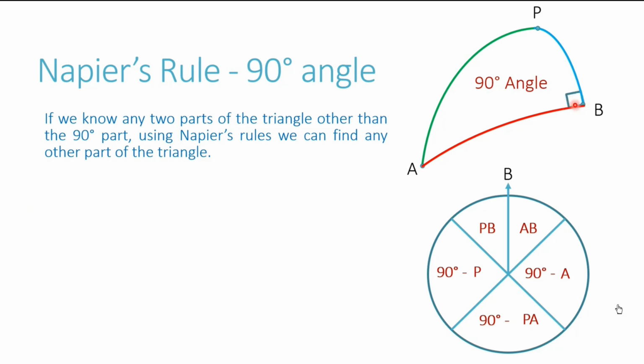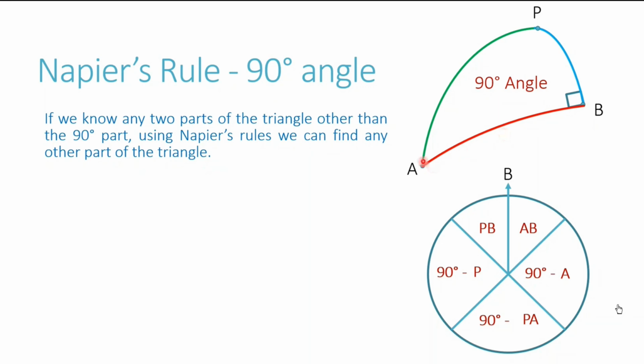So leaving the 90-degree part aside, if you know any two parts, like in this particular triangle, one part is side AB, then you have angle A, then you have side PA, angle P, and you have side PB. So 5 parts which are there in this triangle. Out of these 5, if you know any two parts, it could be two sides, it could be two angles, it could be one angle and one side, you can find out all other missing parts using the Napier's rule.